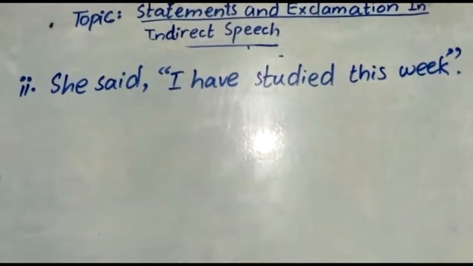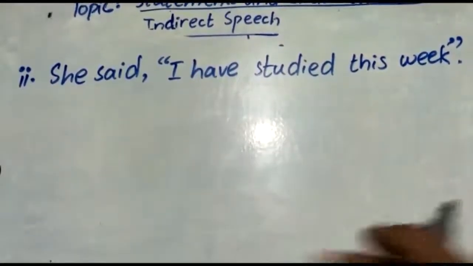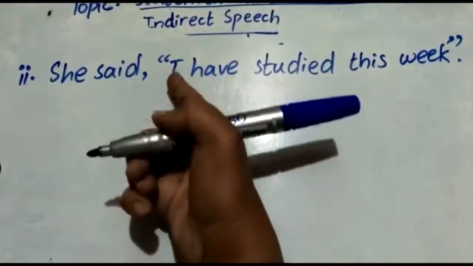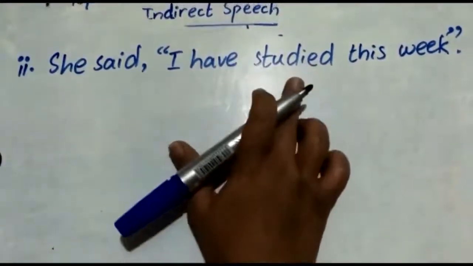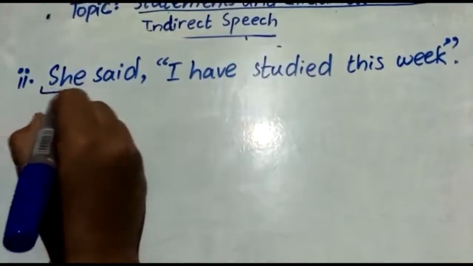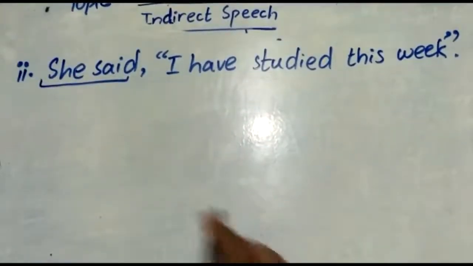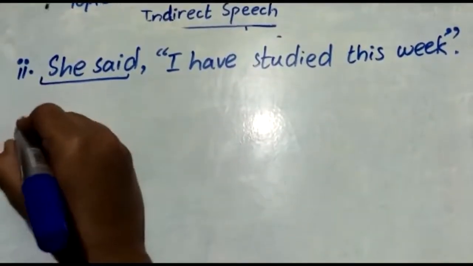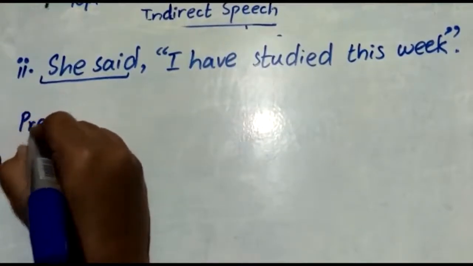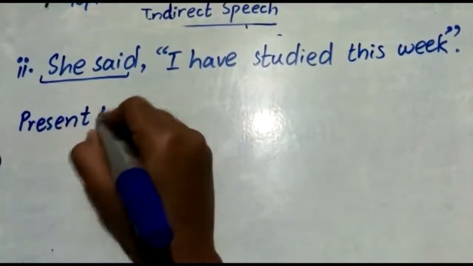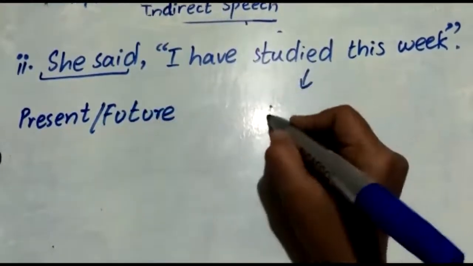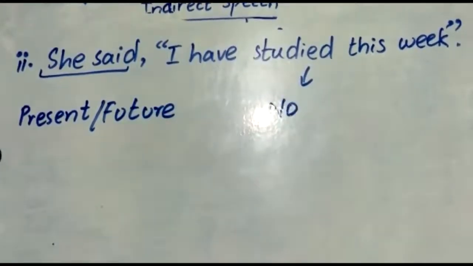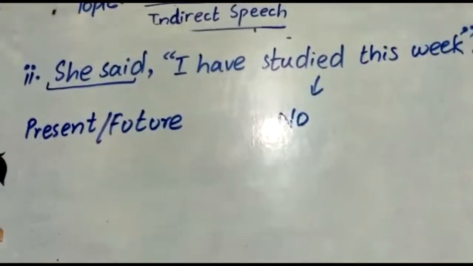In this statement, the very first thing is that we have to replace the comma with inverted commas. We basically change the tense of reported speech whenever the reporting speech is in past tense. If the reporting speech is in present or future tense, then the tense of reported speech will not change. It will remain as it is.